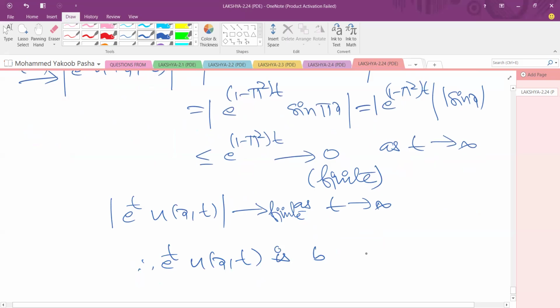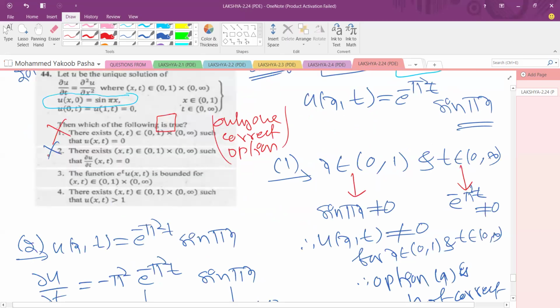It is bounded. So what did option C say? It said bounded. Option C: the function e power t into u of x comma t is bounded. So option C is correct.